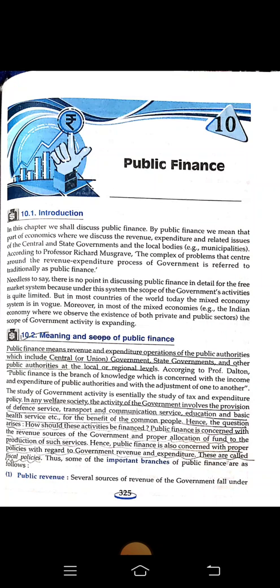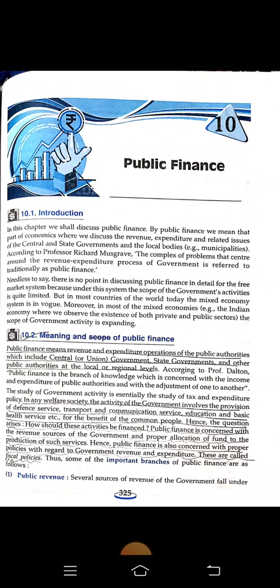So in a welfare society, the activity of the government involves the provision of defense services, transport and communication services, education, and a lot more services which are to be given by the government to the common people. Hence the question arises, how should these activities be financed?